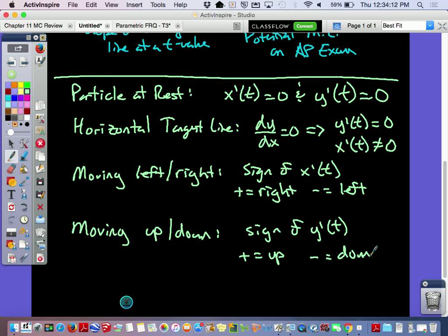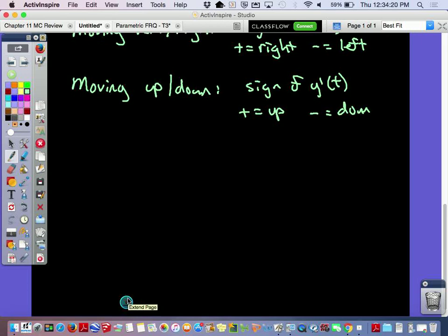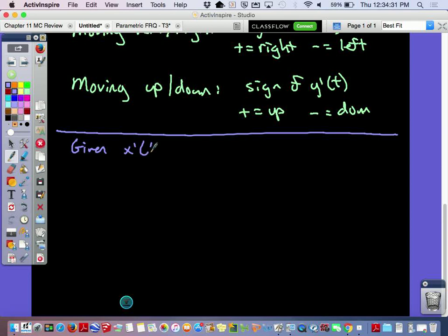Okay, now one other big thing, and this is a very common question if you get one of these parametric FRQs. This piece is about finding an original coordinate. So let's say you're given x prime of t and y prime of t, or just one of them.